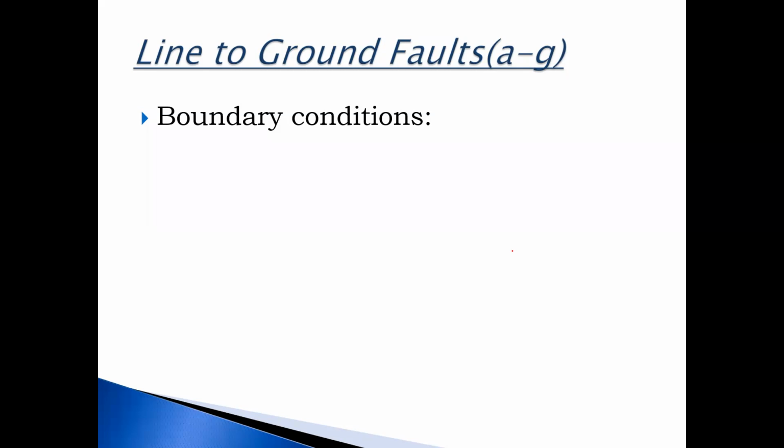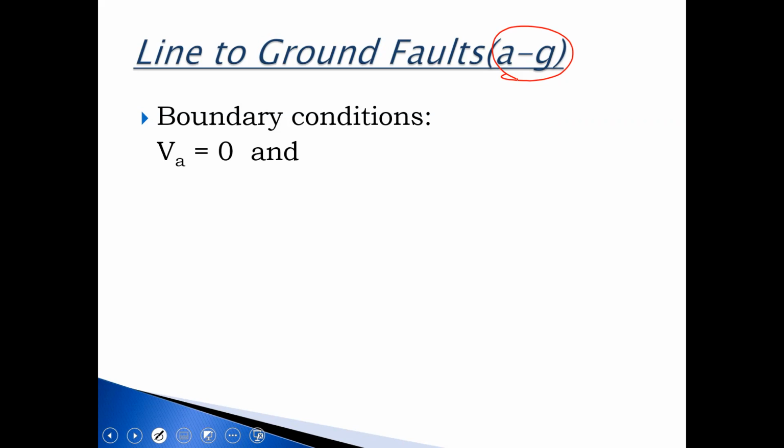Of course, that does not necessarily have to be the case, but we use the A phase for our analysis just to understand what is happening during such a fault. So for the A phase touching ground, so A to ground, the boundary condition is that for the A phase going to ground, it means that VA must be equal to 0.